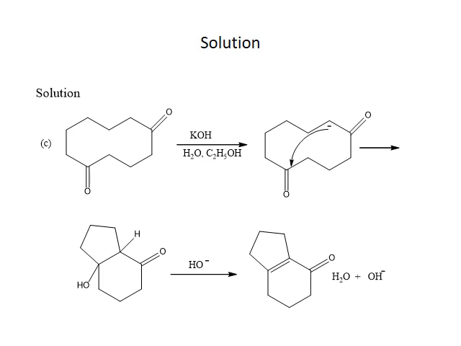Here is another example of an aldol cyclization reaction, an intramolecular aldol reaction. So the potassium hydroxide will remove a proton from here, this side of the carbonyl group.